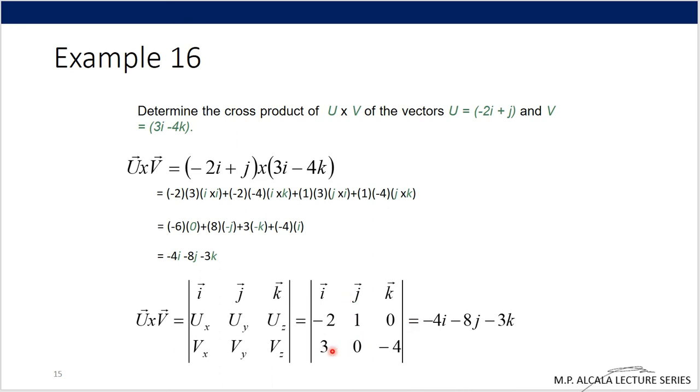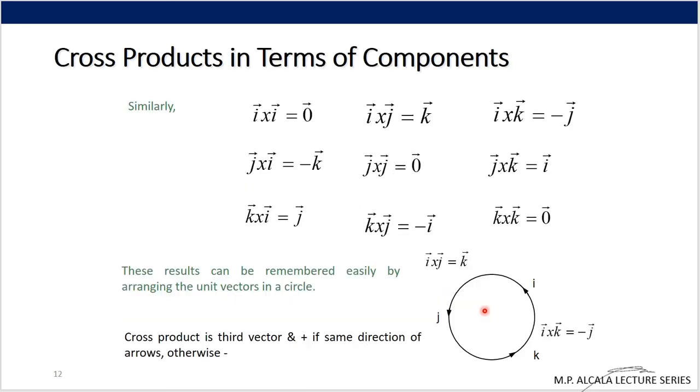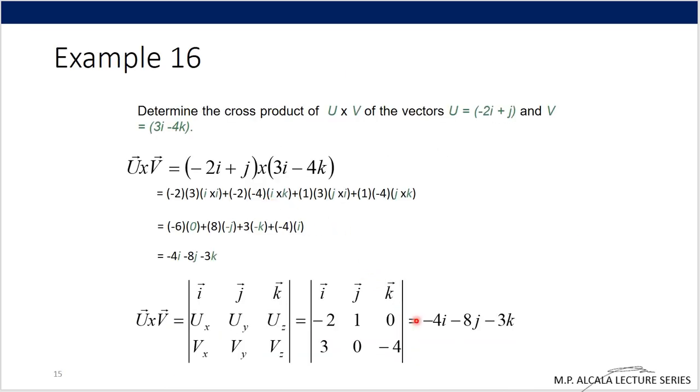Where did 8 come from? Negative 2 multiplied by negative 4 will be positive 8. Why negative 8 here? Because of the i cross k, which is negative j hat. So getting the negative 1 will give you negative 8.